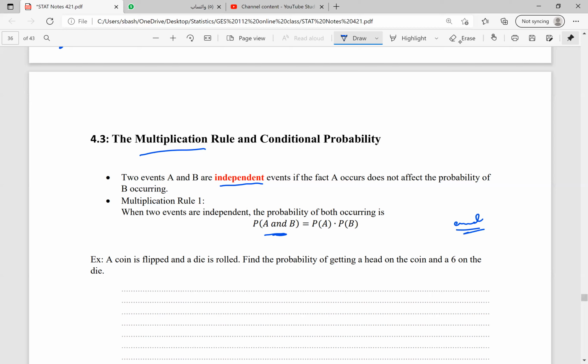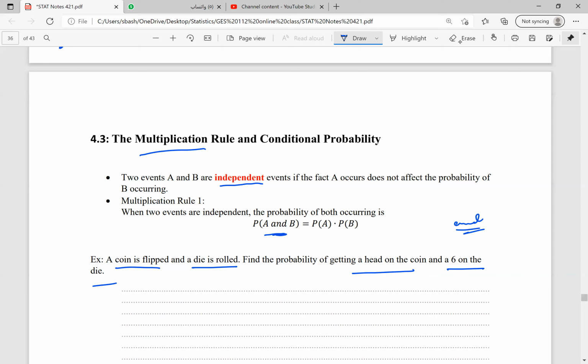They are independent. For example, a coin is flipped and a die is rolled. I have two events: the coin, this is A, and the die, this is B. These are two probability experiments. Find the probability of getting a head on the coin and 6 on the die.